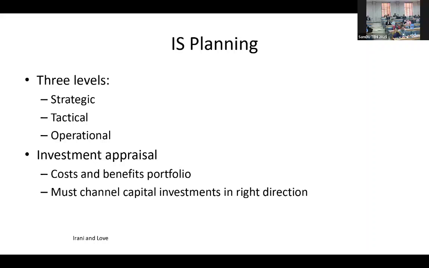We need to conduct information system planning at three levels: strategic, tactical, and operational. We also need to think about the investment, the cost and benefit portfolio, and we need to channel the capital investments in the right direction.